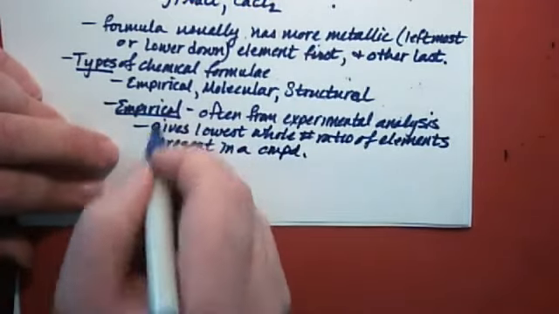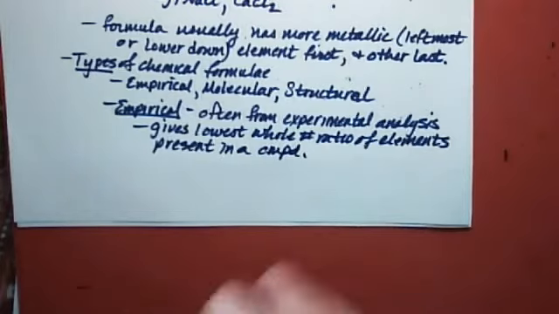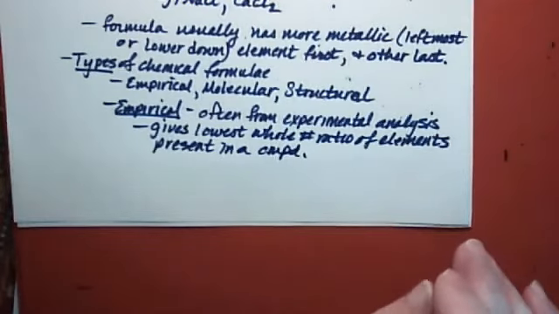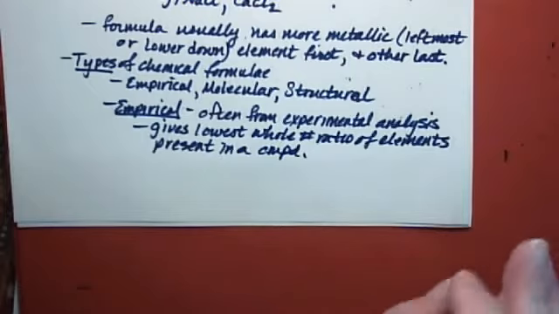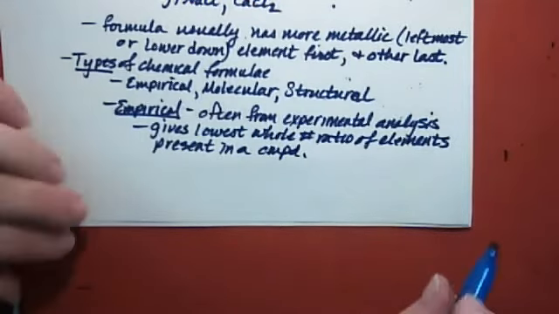If that sounds familiar, it's because that's what we just said was the formula for an ionic compound. The formula for an ionic compound always gives the lowest whole number ratio of the elements present in a compound.